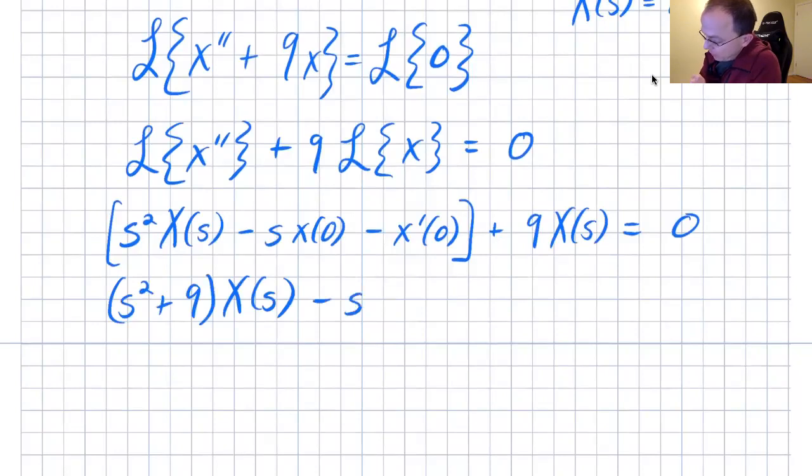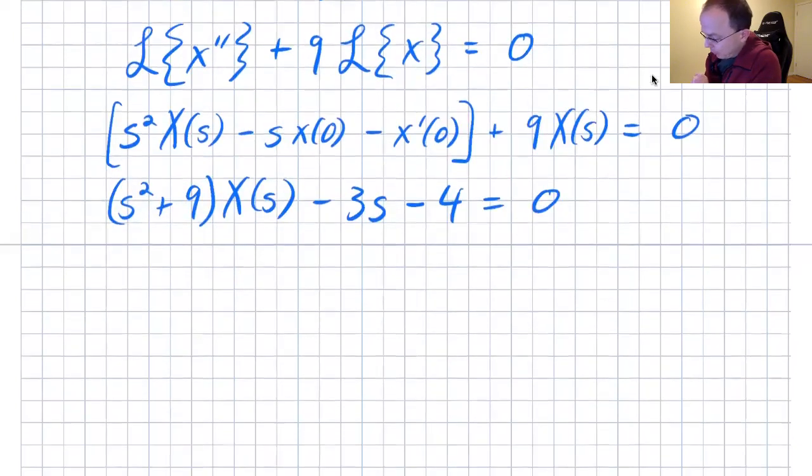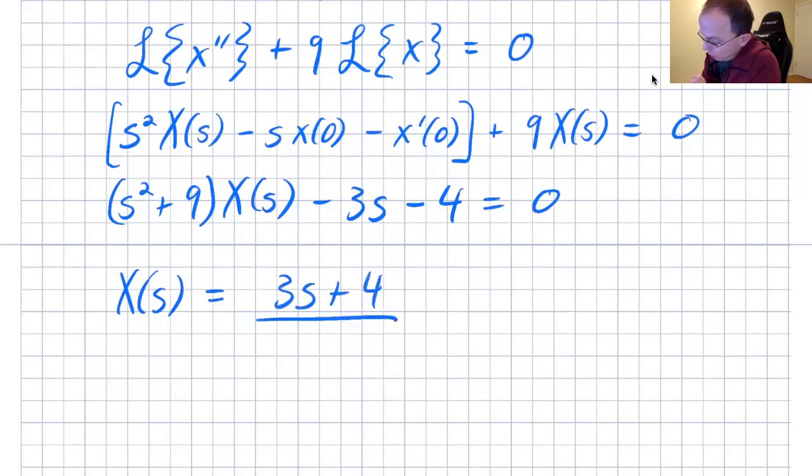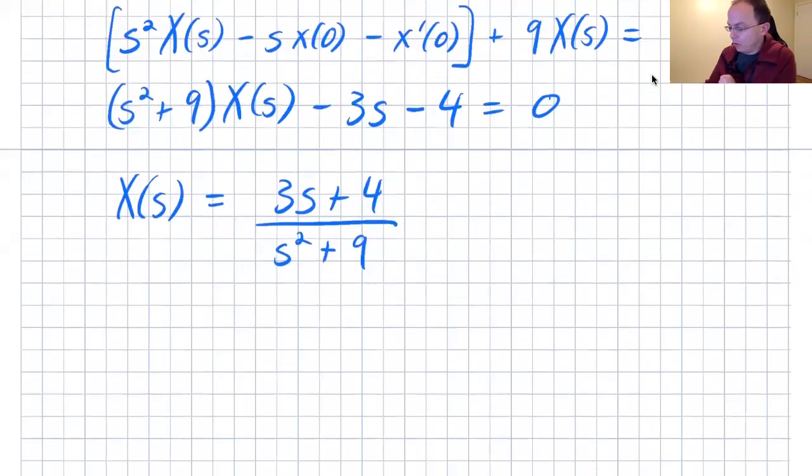So this will be minus 3s minus 4 equals 0. Okay, so now we will solve this for X of s, and we get 3s plus 4 over s squared plus 9. Okay, so there's our final Laplace transform.